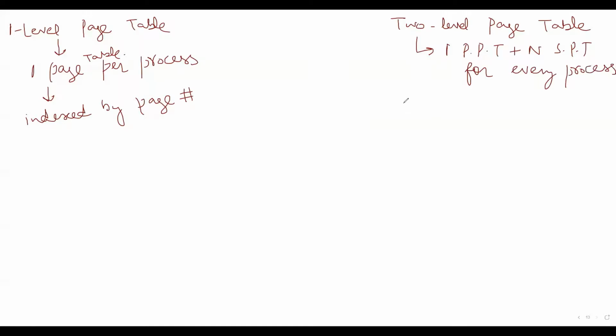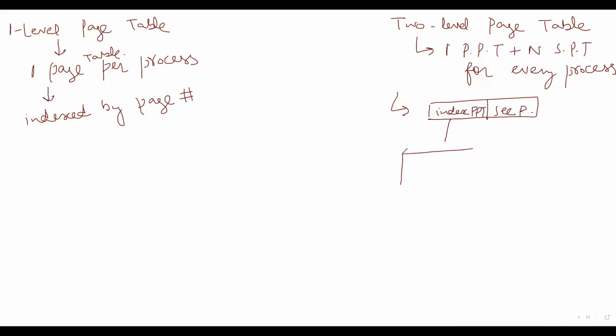And in a two-level page table, the page number has two parts. One part is used to index the primary page table and the second part is used to index the secondary page table.